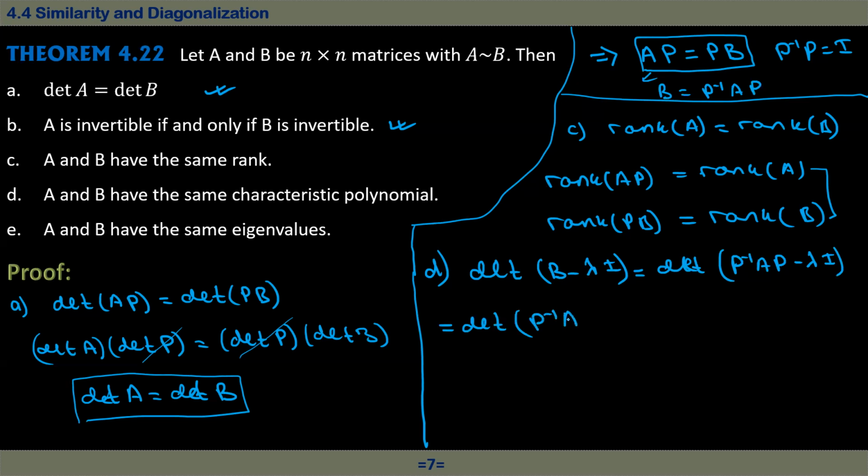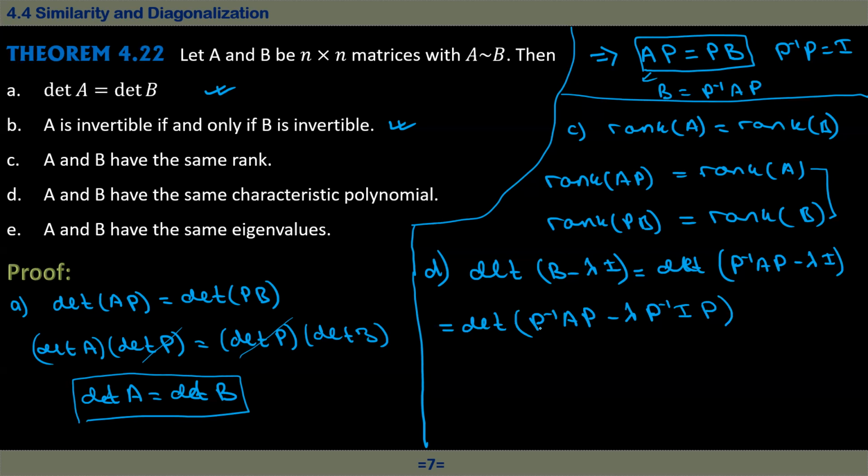So now that thing again equals, I will just make a trick here or some kind of manipulation. P inverse AP, minus here we have lambda. Instead of this I, since P is invertible, we can just write here P inverse times I times P, right? This lambda is just a scalar, so I can write it either here or inside, it doesn't matter.